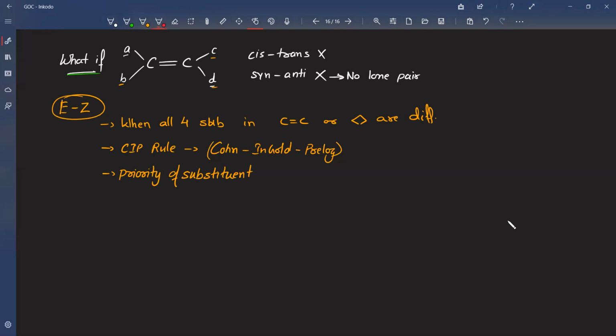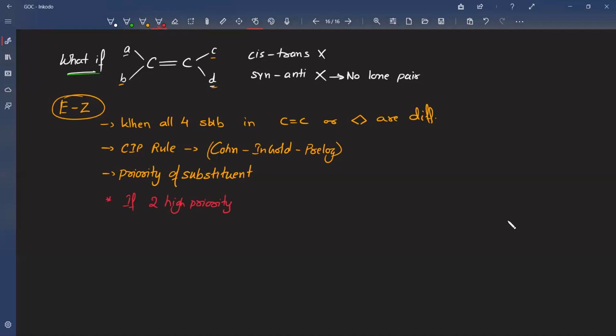And then comes the main point. For the time being, just assume priority is something given to all these substituents.